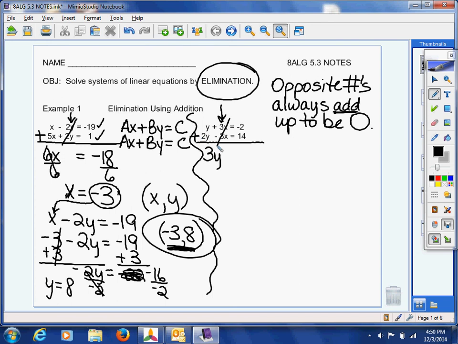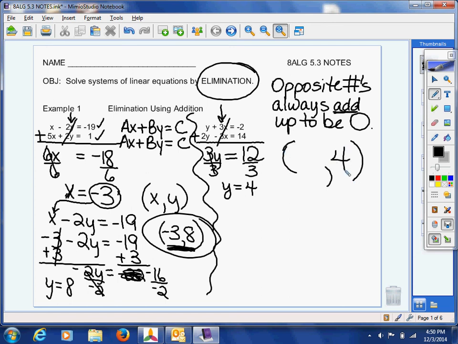The x's should cancel out because 3 plus negative 3 is 0. Drop down your equals, and then what's negative 2 plus 14? And hopefully you said 12. All right, one-step equation from here, divide each side by 3, and we just figured out y is equal to 4.